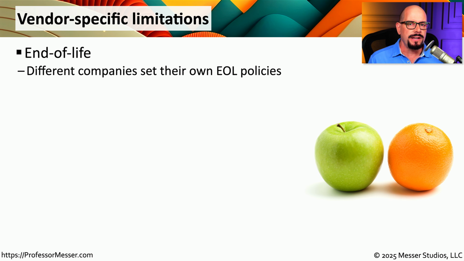These different manufacturers of operating systems have different deployment and support requirements. For example, end of life is something we should always be aware of when using an operating system, and different companies will set different standards for end of life. For example, the end-of-life requirements for Apple products will be very different than those created for Microsoft products.